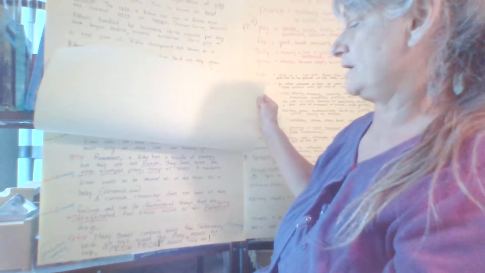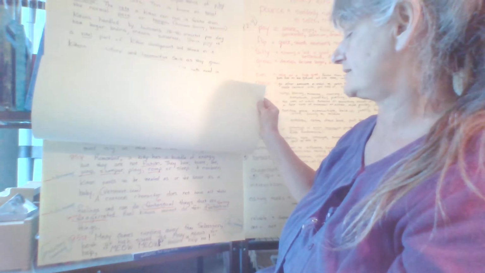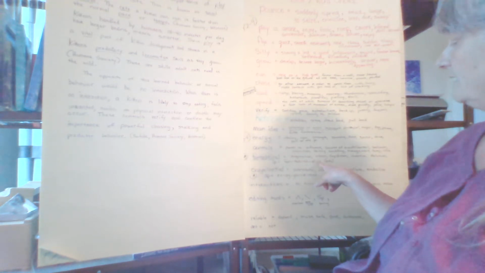Also, I put a cartoon character does not have all these feelings and can do fantastical things that are exaggerated. So I went ahead and looked up fantastical, and it's in the dictionary. The word fantastical is at the very bottom of fantasy. Okay, and I went ahead and spelled it out and divided it up the way the dictionary does, fantastically, or fantastical, you would stop, but it uses an adverb.